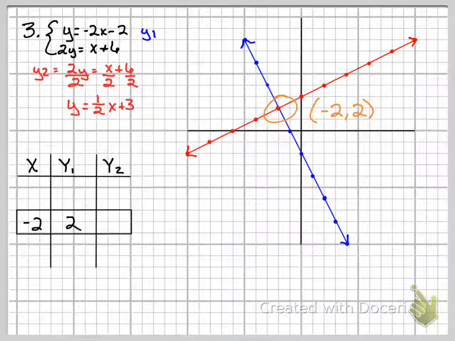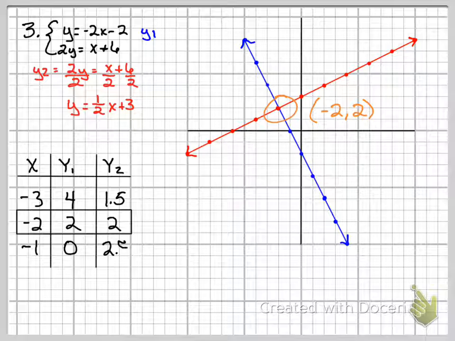We see that y is 2 for both equations. To show our work, above is -3, 4, and 1.5. Below is -1, 0, and 2.5. And that is all for problem 3.